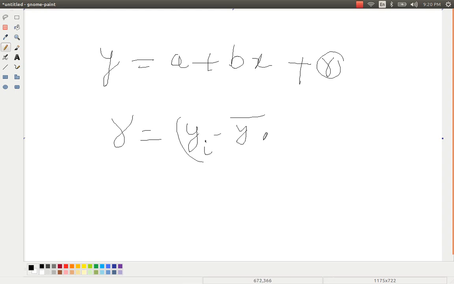This is regarded as the residual in the sample for the data under study. Here the data variables are x and y. Y is the dependent variable and x is the independent variable. A is the intercept and b is the slope.